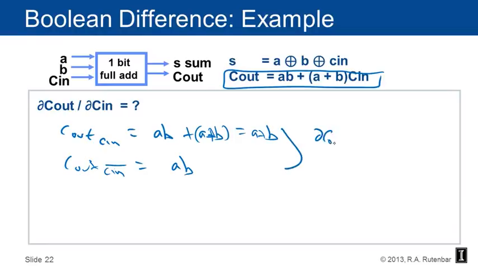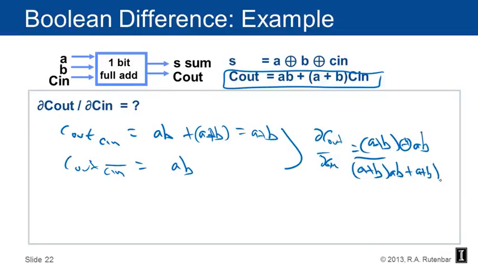And if I want the Boolean difference of the carry out with respect to the carry in, I'm going to get (A plus B) exclusive OR AB. So that's (A plus B) bar AB plus (A plus B) AB bar. The Boolean algebra is a little tedious, I'll just let you do it. Turns out you get A exclusive OR B, which makes total sense, right?